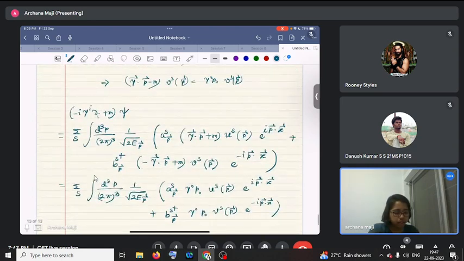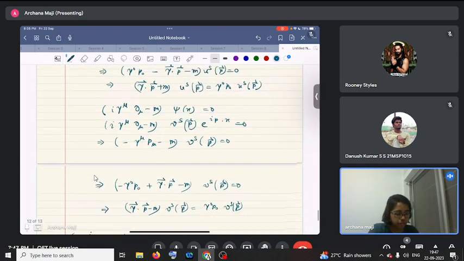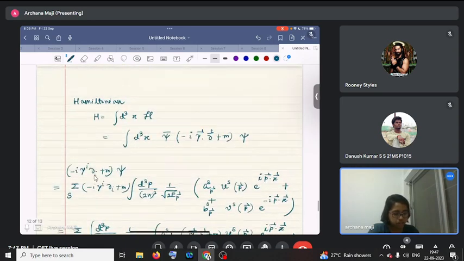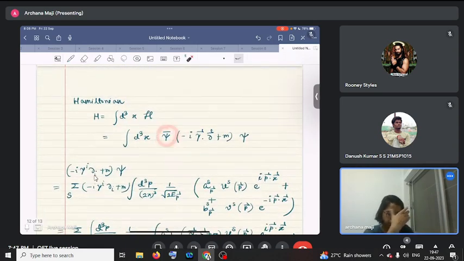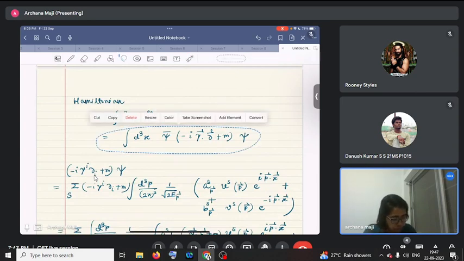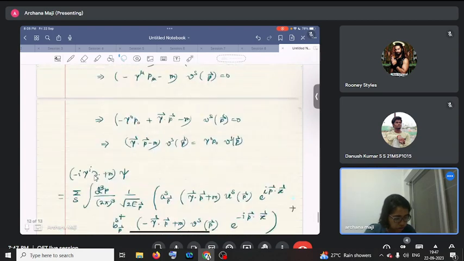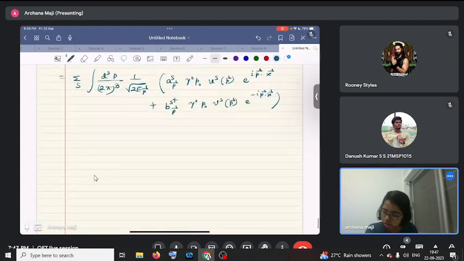This entire thing will be left multiplied by psi bar, okay, to get the Hamiltonian.